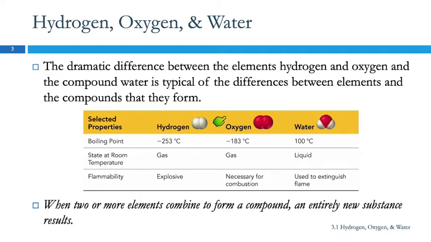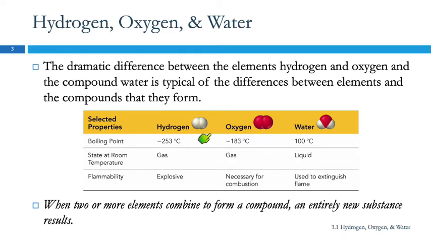So hydrogen and oxygen are both gases at room temperature. Their boiling points are very low, much below 0 degrees Celsius. Hydrogen is flammable. Oxygen technically is not flammable, but it is necessary for combustion and will make pretty much anything around it combustible.